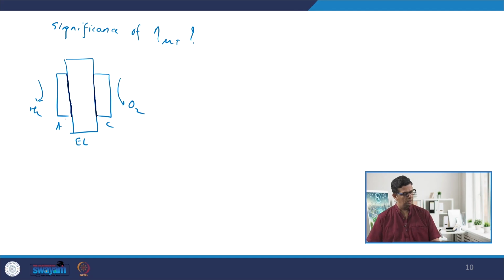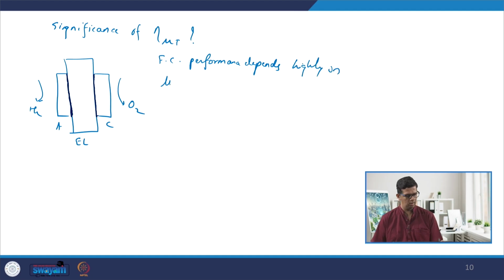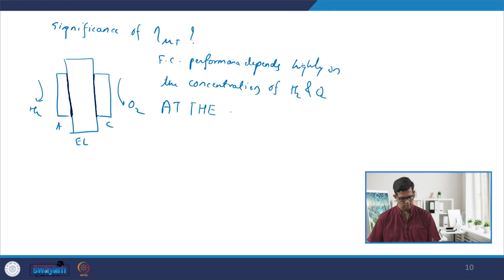So, this is where all the reactions are supposed to take place, the anodic reaction and the cathodic reaction. So, let me write that down. The fuel cell performance depends highly on the concentration of hydrogen and oxygen, this is important, at the catalyst layer.